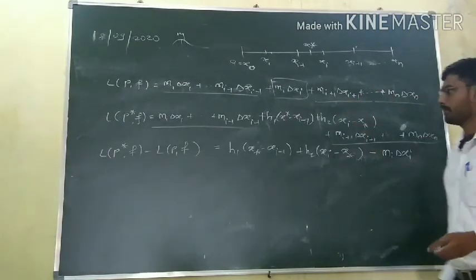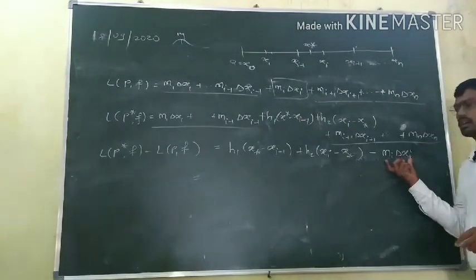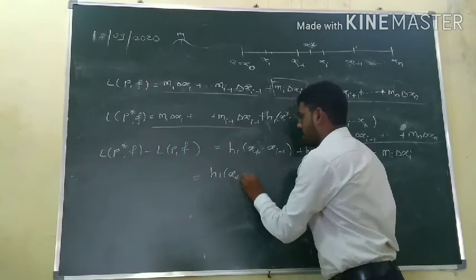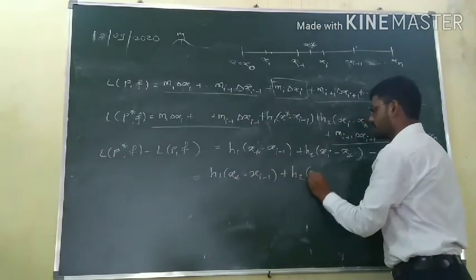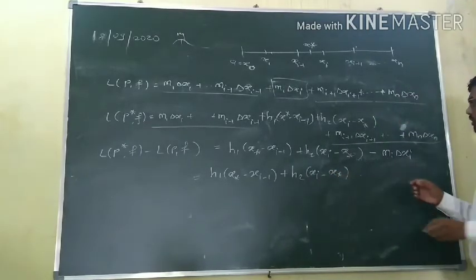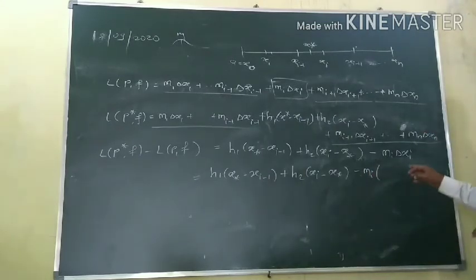Now we will make some adjustment here. We write h1 into x star minus x i minus 1 plus h2 into x i minus x star as it is. Now minus m i, we write delta x i.